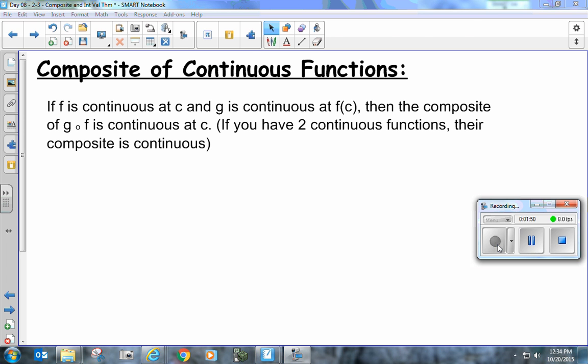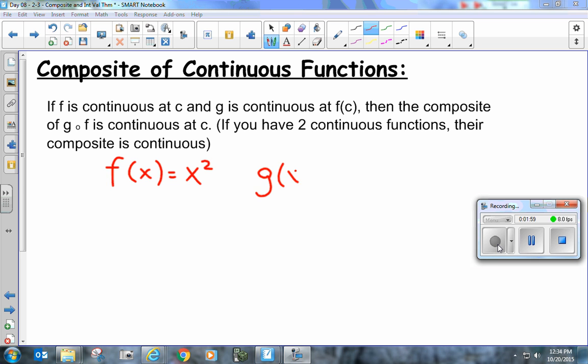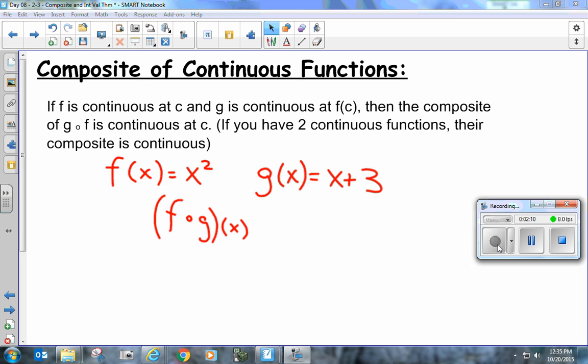In case you forgot what a composite is, if I have two functions, the composition is taking one function and putting it into the other. In this case, I have to take g of x and put it into f of x.